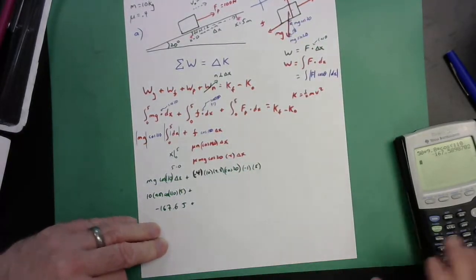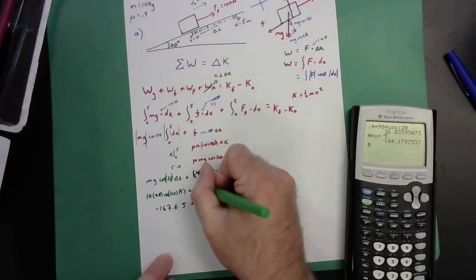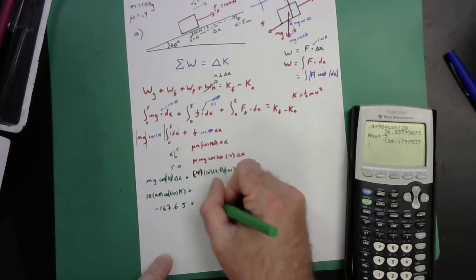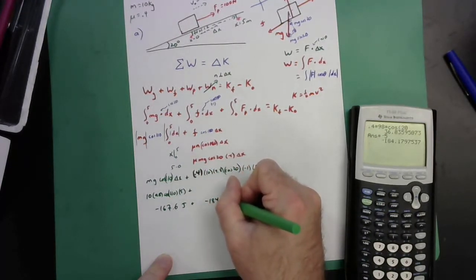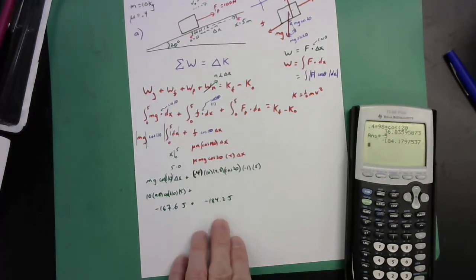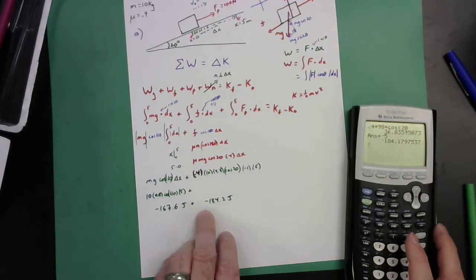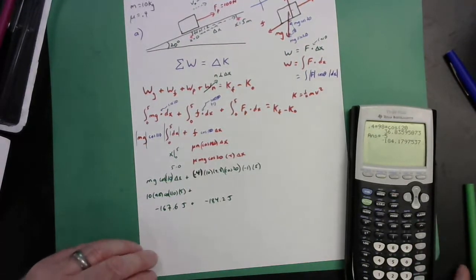Okay, punch that in my calculator. 0.4 times 98 times cosine 20 times -5. And I got negative 184.2 joules. All right, so that is the amount of energy removed by friction. That friction is taking out of the system. Okay, so 184.2 joules. Negative showing that it's leaving the system.